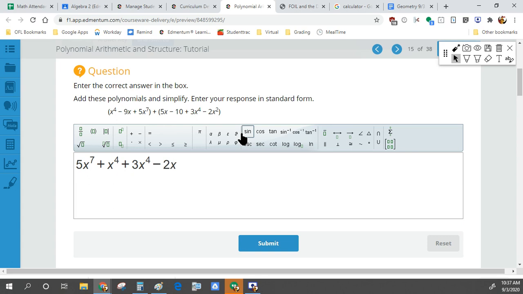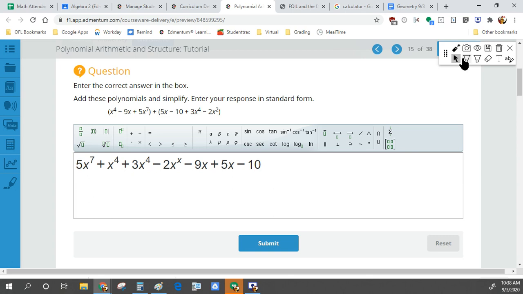2. Now I'm going to do power 1s, which is minus 9x. Now I'm going to do another power 1, which is 5x. And any constants, which is this negative 10.